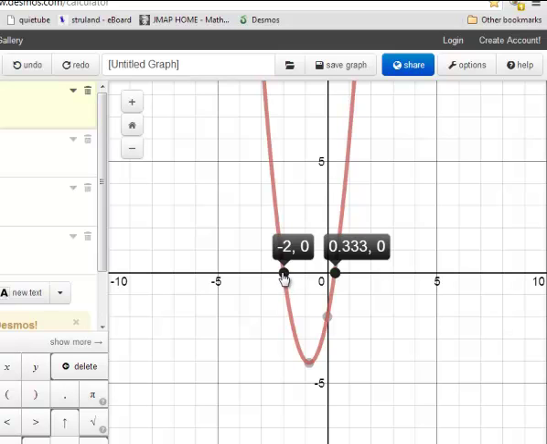So tell me about those roots. Well, it's not imaginary because they do cross. It's not one root because there are 2 roots. So this example is an example of 2 rational roots because the numbers -2 and 1/3 are rational numbers.